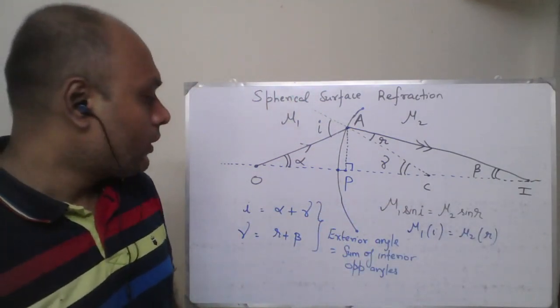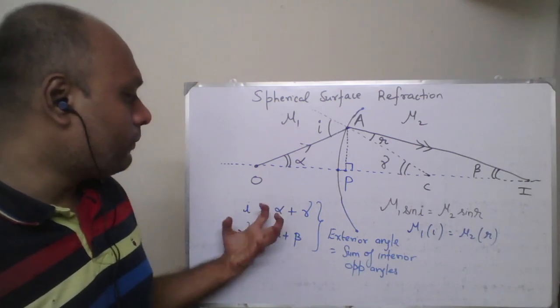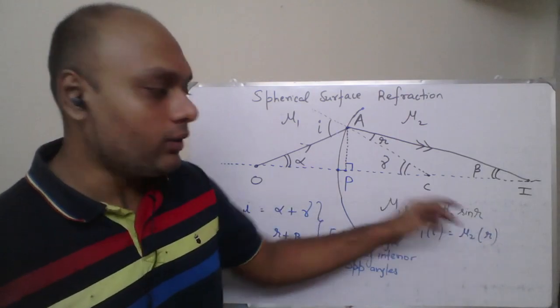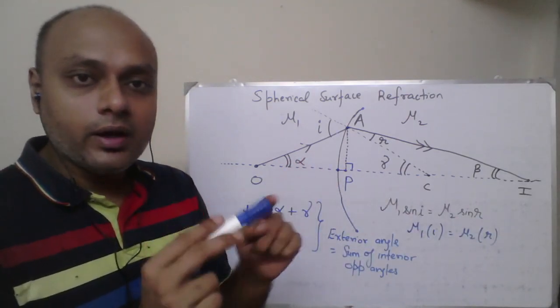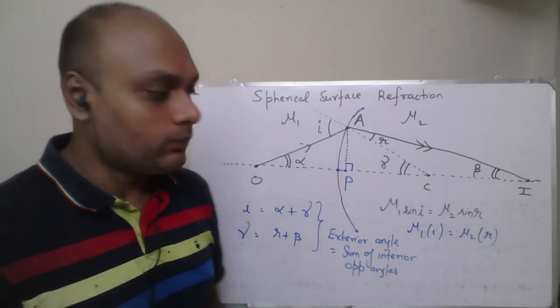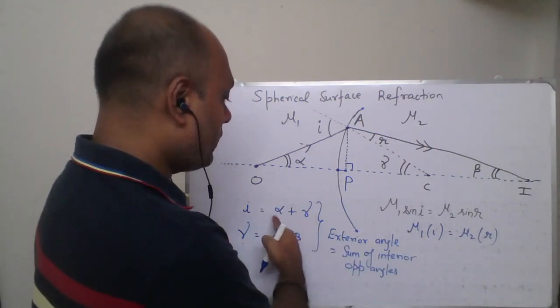And what I am going to do is replace I and R from these expressions, and express the relationship which we have over here, getting rid of I and R, and bring alpha, beta and gamma into the picture in this equation. So in place of I I will put alpha plus gamma.